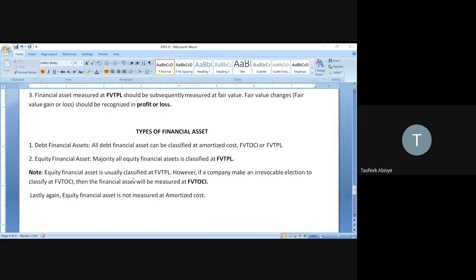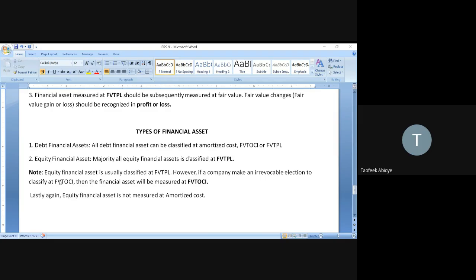So the standard gives you permission to classify as OCI. If the question says the entity made an irrevocable election to classify as OCI, then we will classify as OCI.